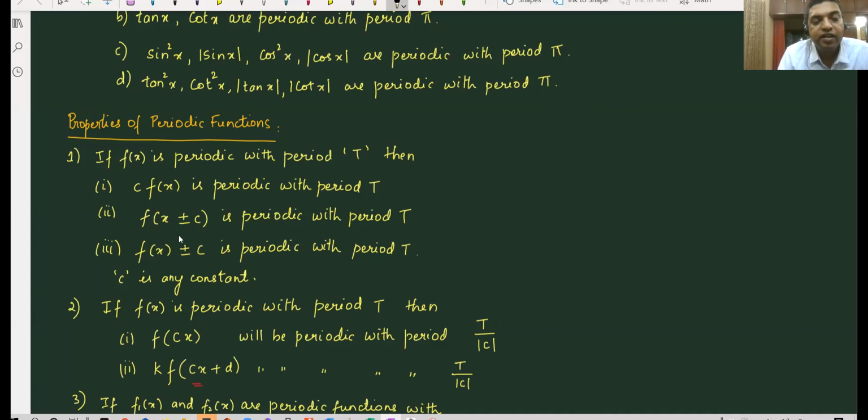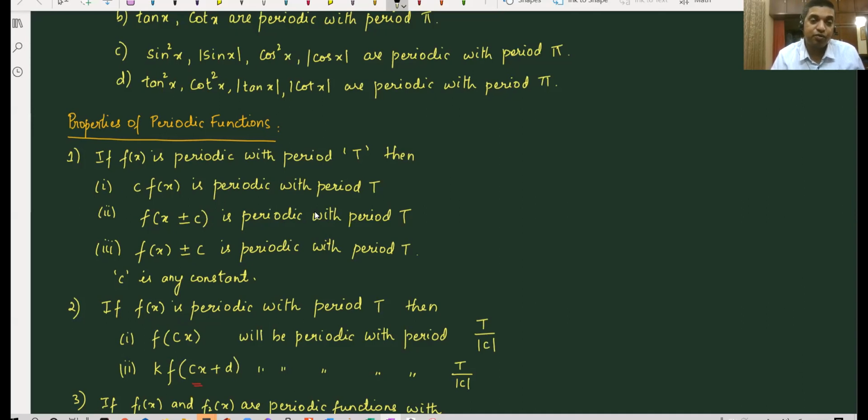But to the variable x, not the function value, to the variable x, you add or subtract a constant, the graph will move either to the left or to the right. Okay, so period remains as it is. The repeating portion remains at a constant distance. So after every interval of t, the function repeats itself. So that doesn't change. That's why the period doesn't change.